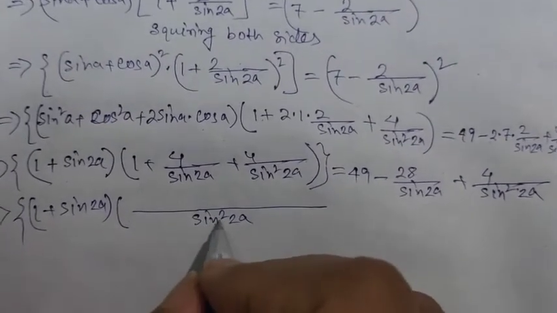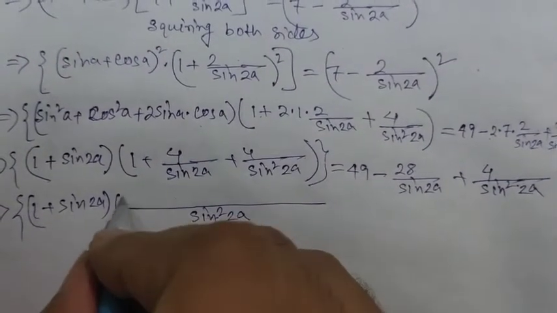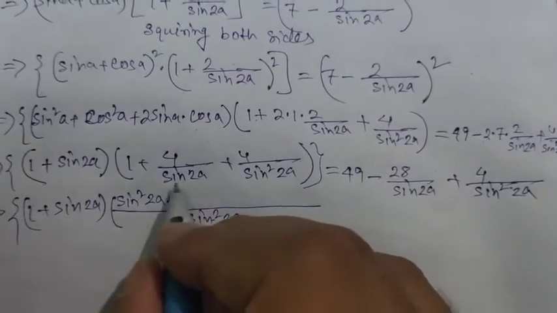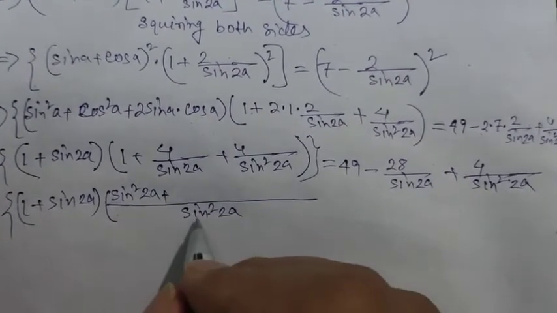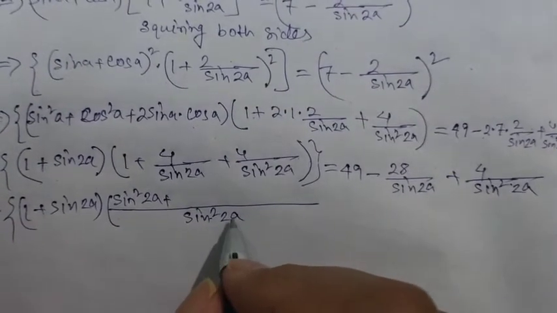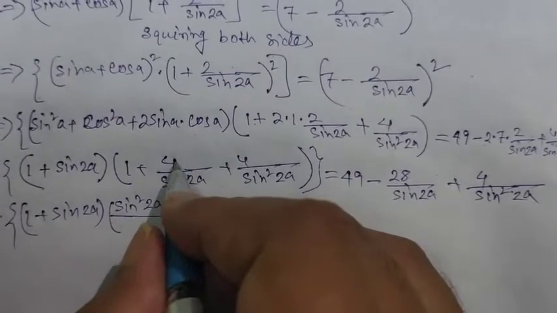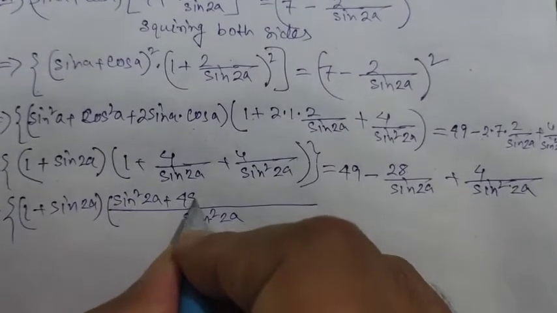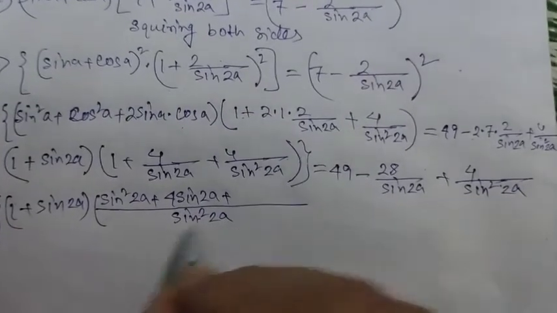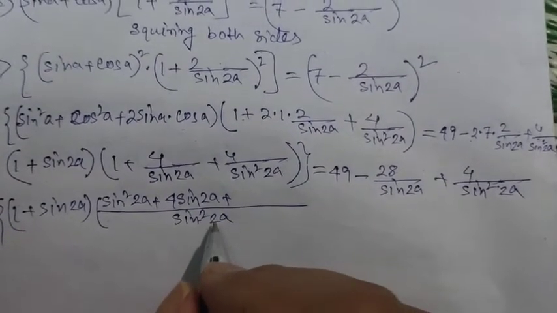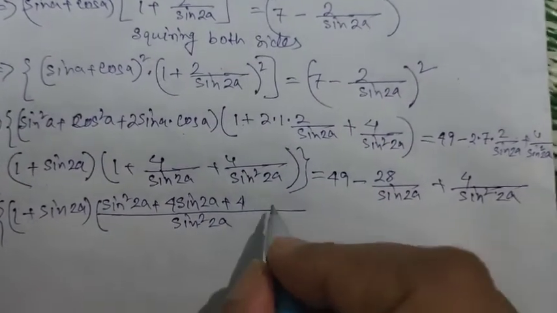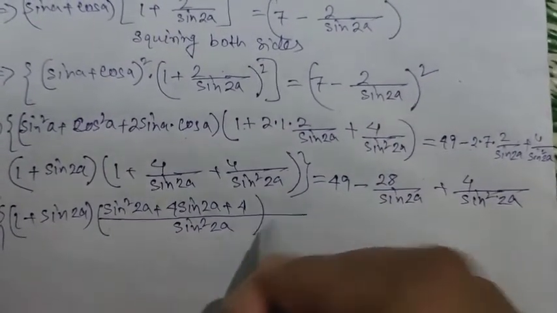Now sin square 2A into 1, here we can write sin square 2A plus, so first we will divide this LCM by sin 2A, then we get sin 2A, that sin 2A will be multiplied with 4, so we will get 4 sin 2A plus sin square 2A divided by sin square 2A, we will get 1, 1 will be multiplied with 4, so this expression we will get 4.